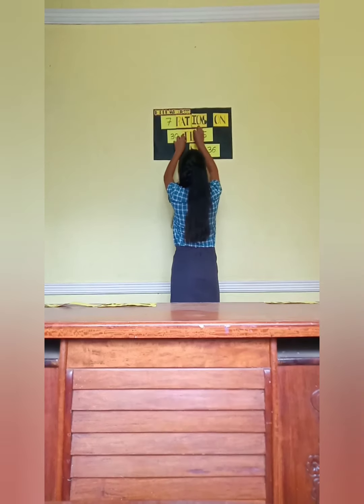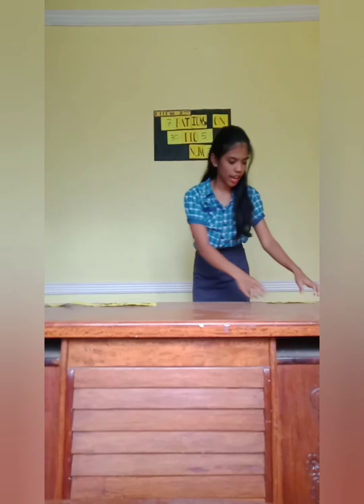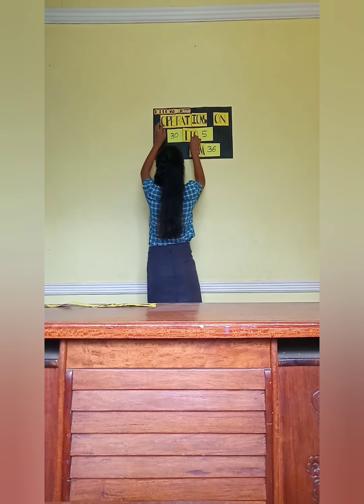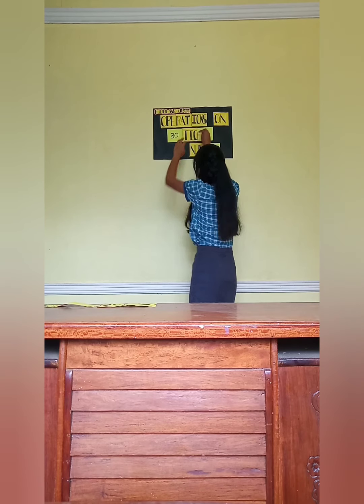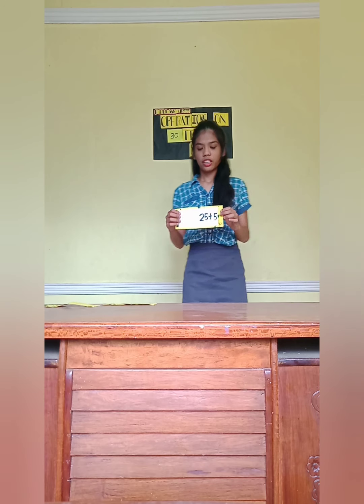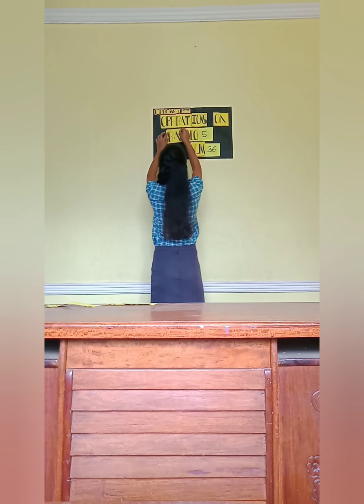Very good. Next, 3 plus 4 is equal to 7. Next, 25 plus 5 is equal to 30. Very good.